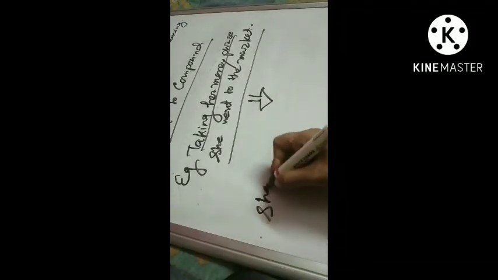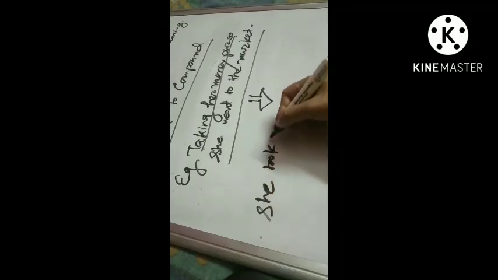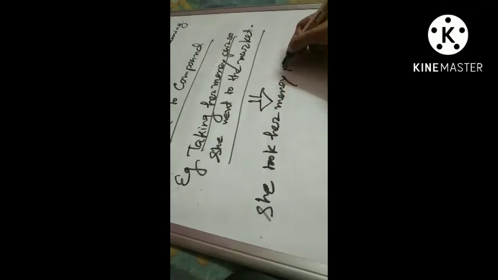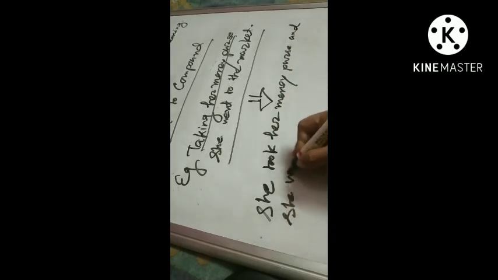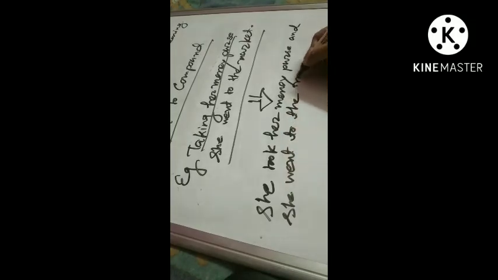You write: she took her money purse, and she went to the market. And is a conjunction. So it is a compound sentence. So it is so easy, from compound to complex and complex to compound. I think now you don't have any problem to understand.